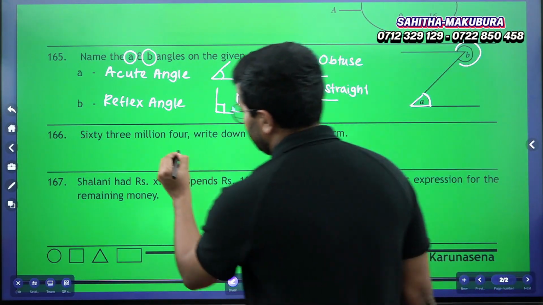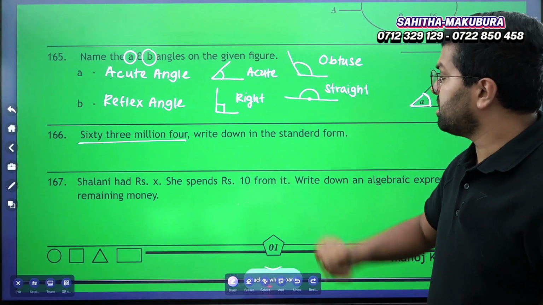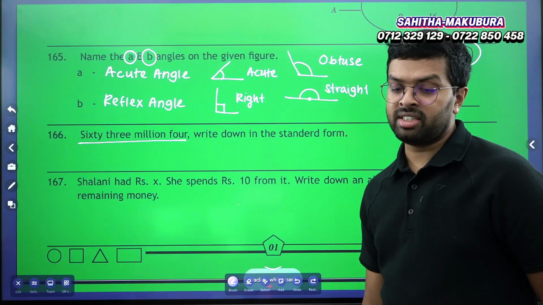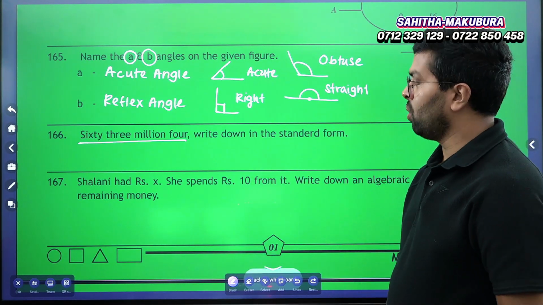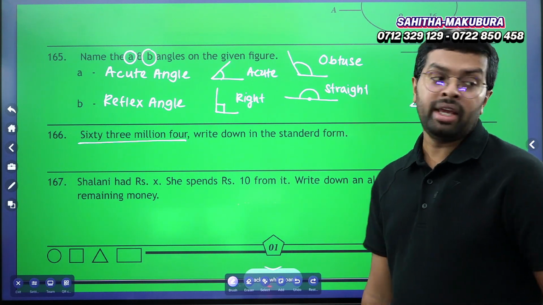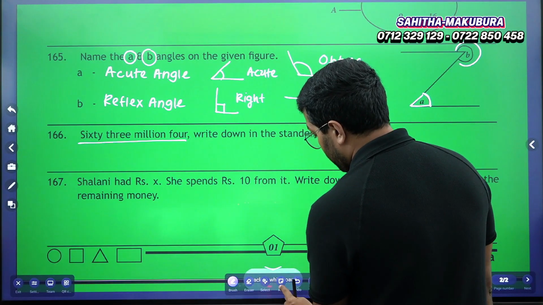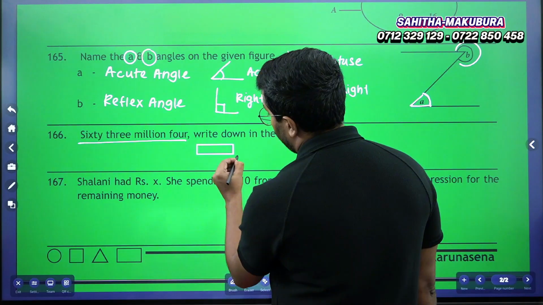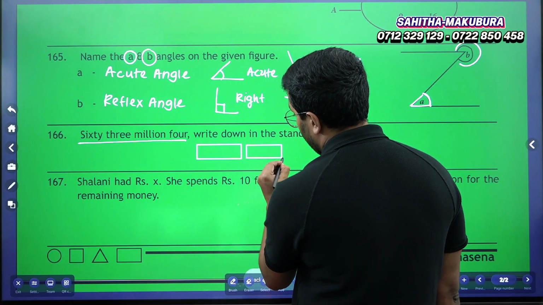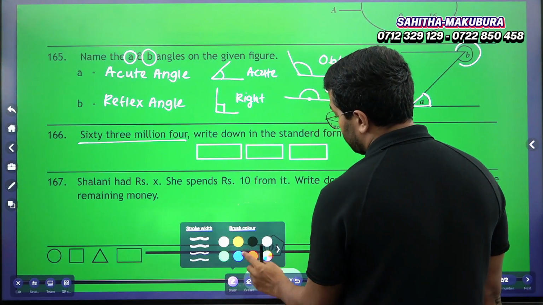63 million 4. Write down in standard form. Let me separate the number into number zones. So we have the millions period, thousands period, and units period.